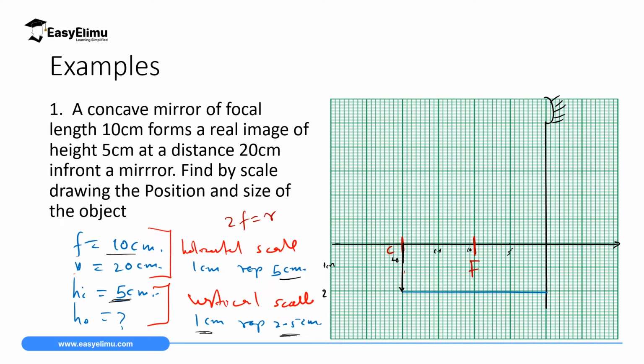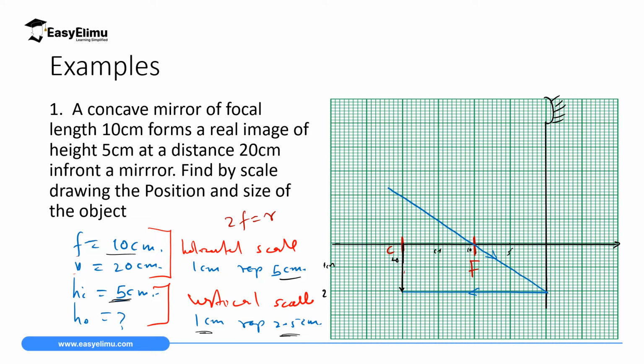And this ray came from F, because it was reflected from the tip through F, and then reflected parallel to the principal axis. So now you join this ray from that point through F, like that. So that is the first ray that came for it to form that image there.